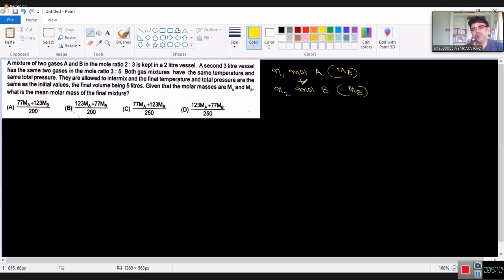If I mix them, what is the mean or average molecular mass? It is Na Ma plus Nb Mb by Na plus Nb. That is the way to find the average molecular mass.